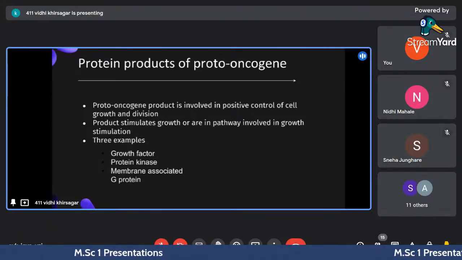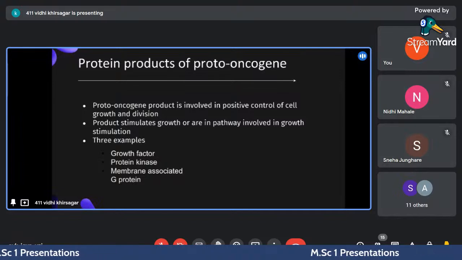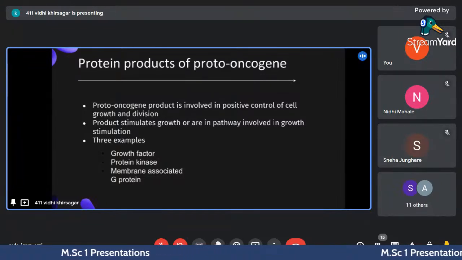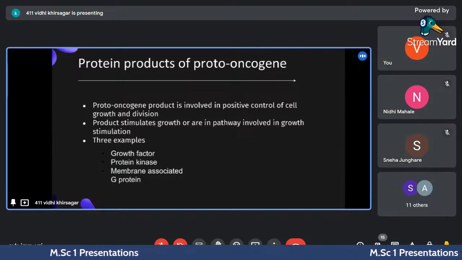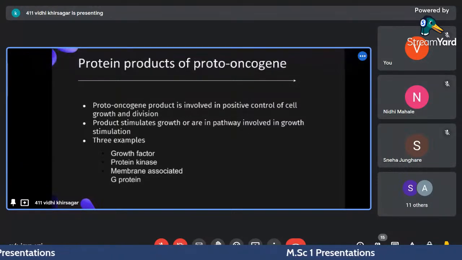Second is protein kinases. Protein kinases add a phosphate group to target proteins, which modifies their function. An example of protein kinases is SRC. Third, membrane associated G protein. The example of it is the RAS protein encoded by the RAS gene.